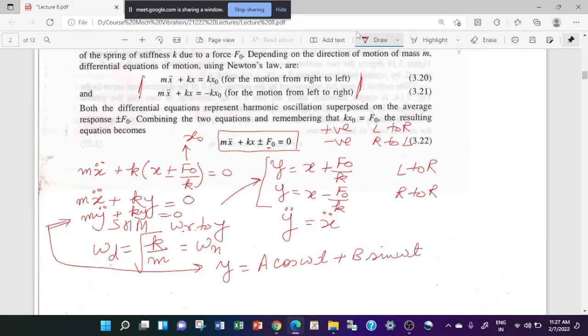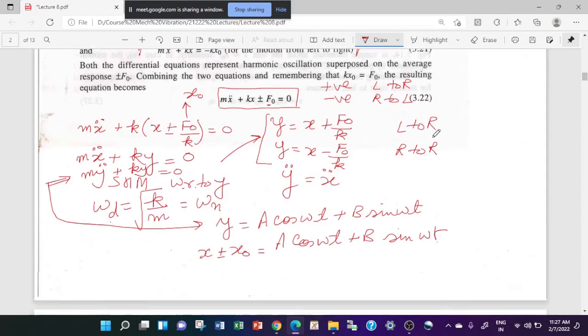So here you can write x plus minus x naught is equal to a cos omega t plus b sin omega t.